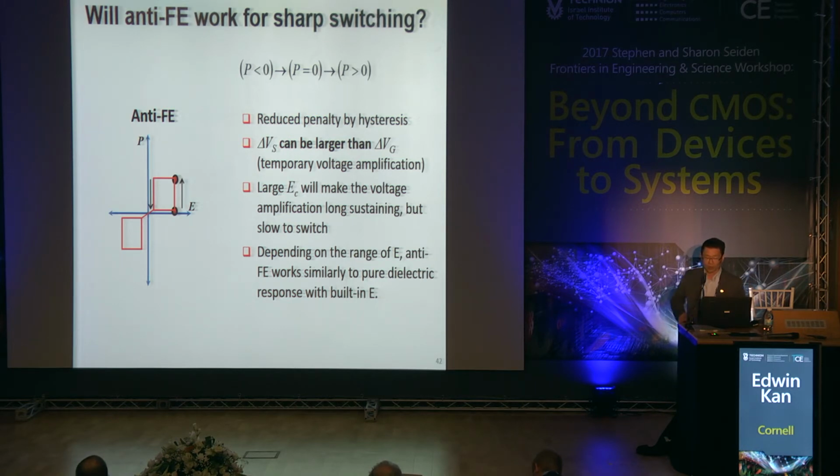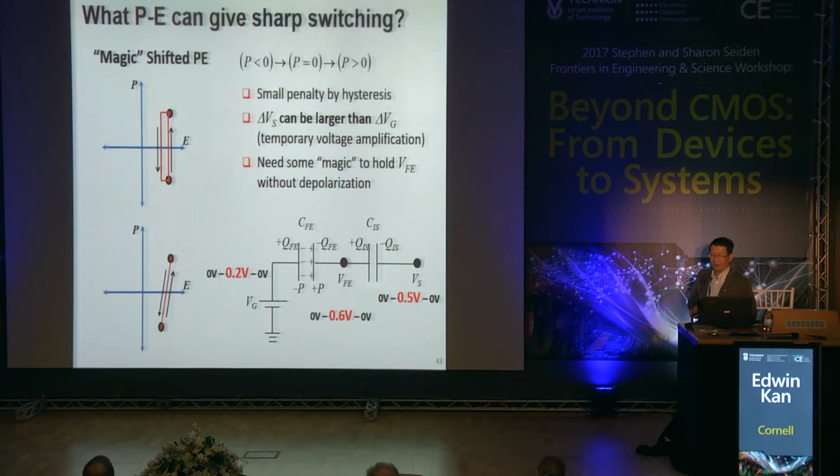Then what will work? This one will work. But it is a magic material. We don't know the material yet. If you have a PE loop like this, a shifted ferroelectric, or just a shifted one that doesn't need to be ferroelectric at all, a shifted dielectric like this, then you can reap the advantage of the additional 2P in your switching voltage.